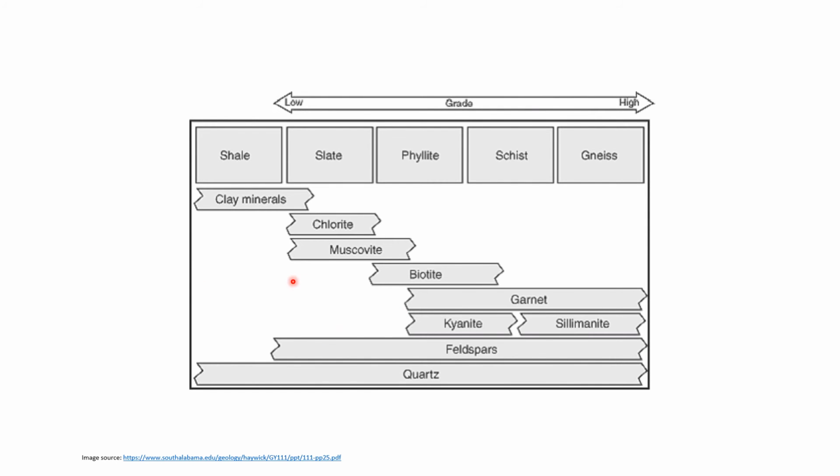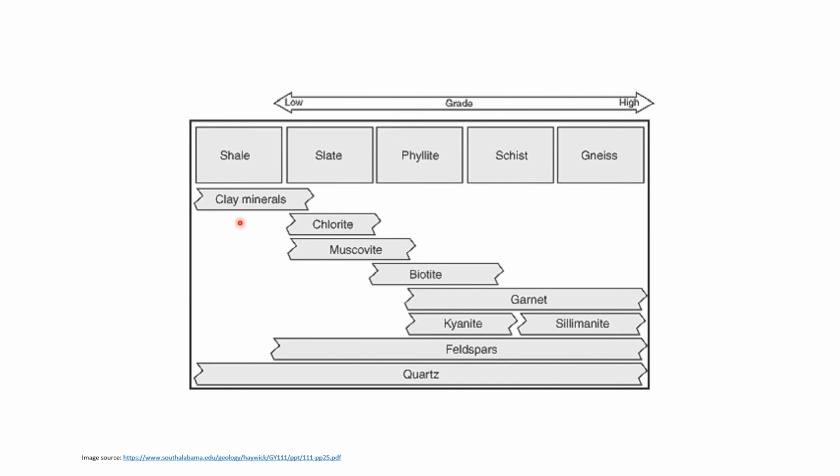And I'm going to start in the middle of this diagram. As the metamorphic grade increases from, on the left, non-metamorphic, to very low grade metamorphism, medium grade, to very high grade metamorphism, you'll see that we have those clay minerals that we talked about, smectites and illites and stuff like that.